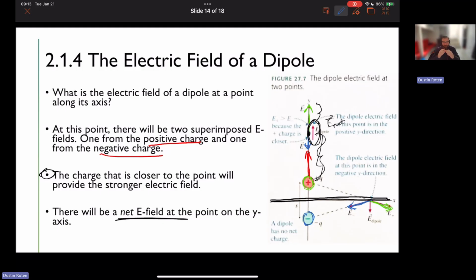Notice there's symmetry between these two. Everything cancels in the x, so there's no x component, because however much the green is pulling to the right, the blue is going to pull to the left the same amount. Which means along this axis here, you just have an electric field in the negative y direction from this dipole, and that's just on the plane.